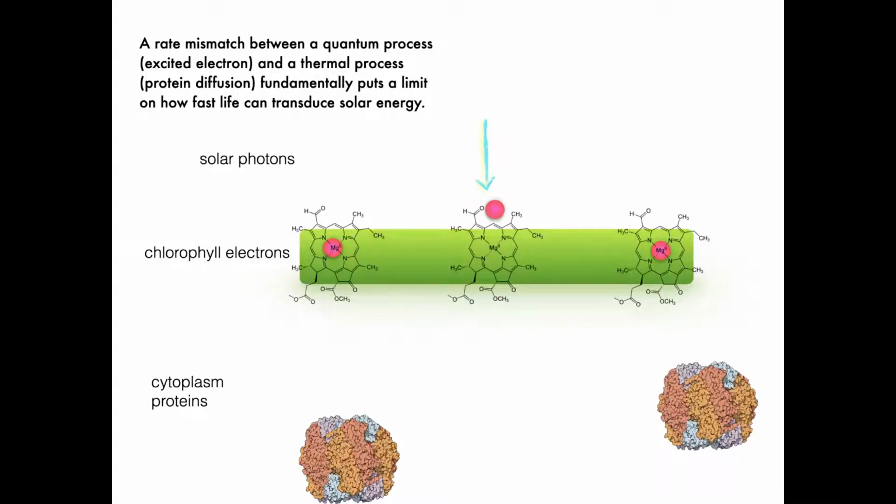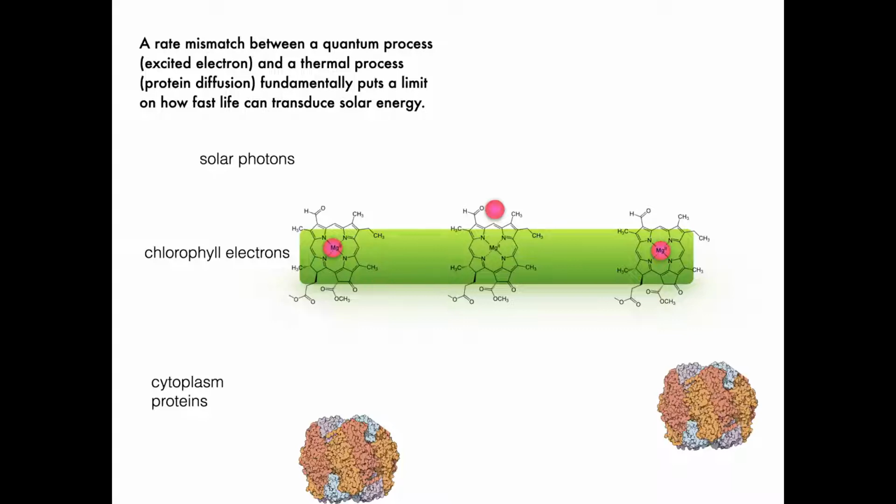Photosynthesis starts with the absorption of a photon and an excitation of a central pair electron on the magnesium of a chlorophyll molecule, and then a bunch of other stuff happens, but ultimately you have to match the rate of your electron excitations to the rate of thermal protein diffusion in order to turn the energy of this absorbed photon into biological chemical energy.